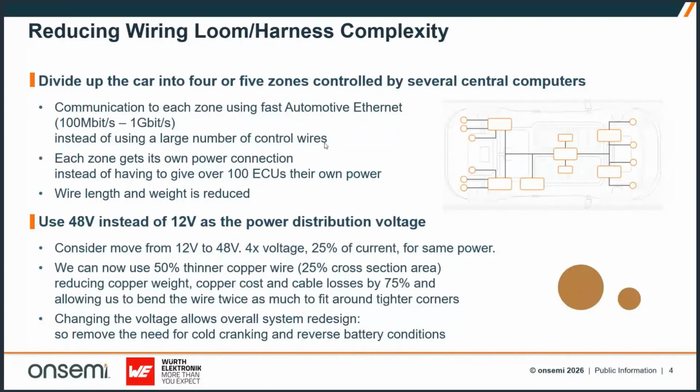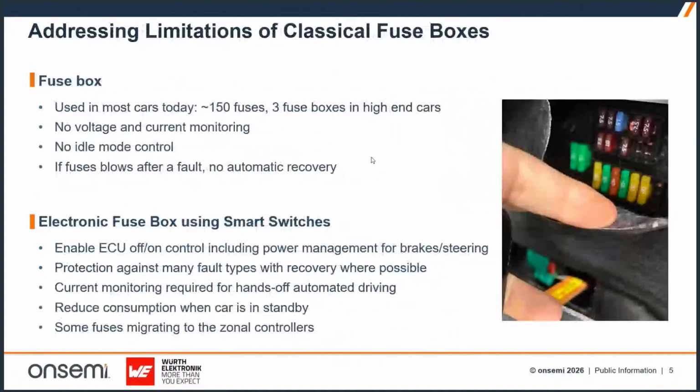You can see a 48 volt wire is much thinner than a 12 volt wire. Obviously, there's a limit. If you make the wire too thin, you can't really use it. But for the larger connectors, it makes a big difference. So that's one thing. Zonal control means you need new power concepts to do this, new products.